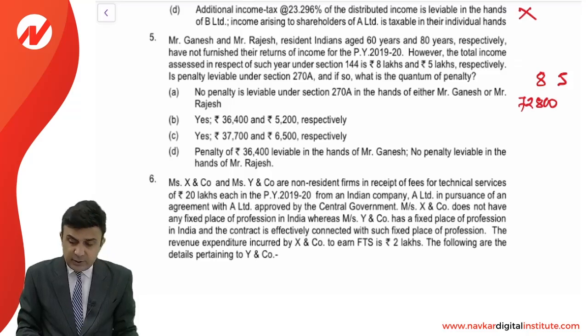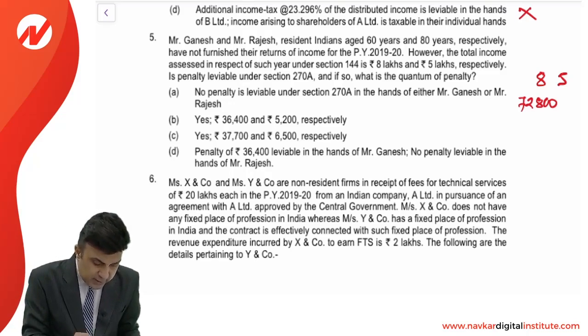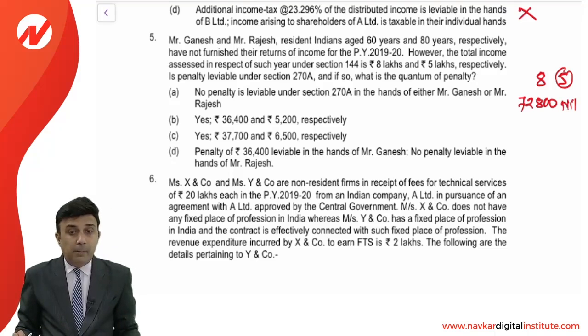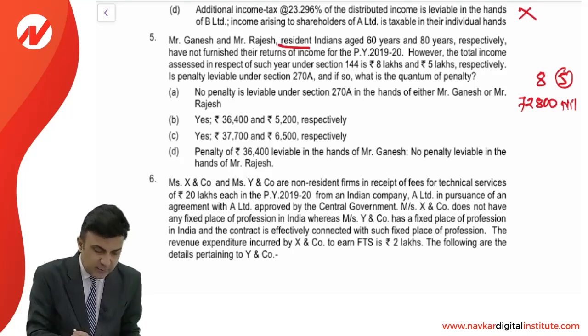As there is 72,800 tax payable in the hands of Mr. Ganesh, Mr. Rajesh would be subjected to tax on 5 lakh to be 0, because 5 lakh is the basic exemption limit for a super senior citizen, 80 years and above, being resident. You are given that they both are resident.